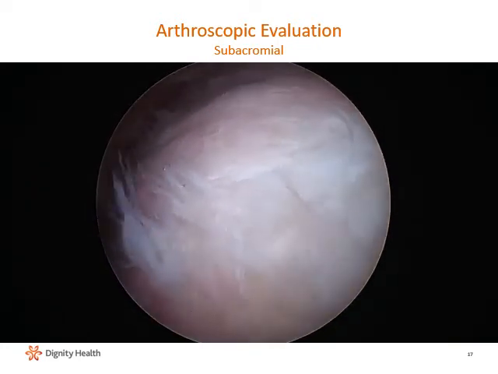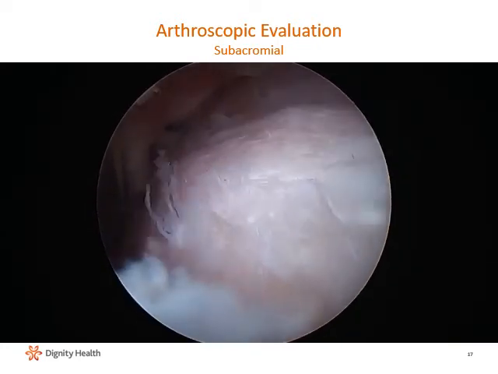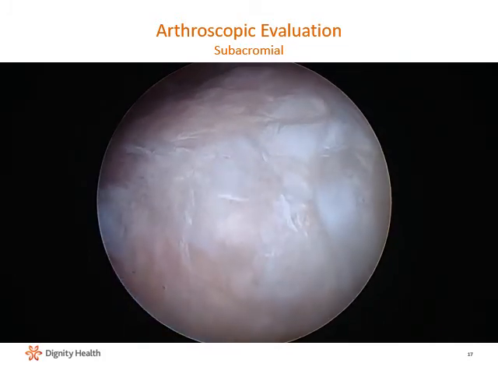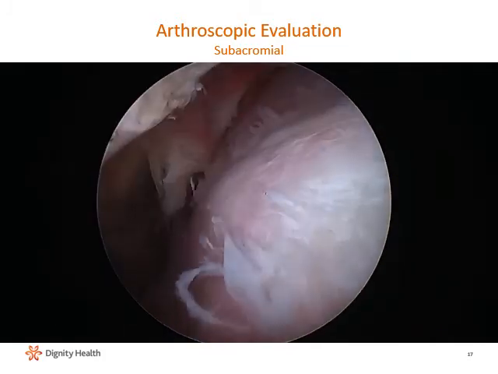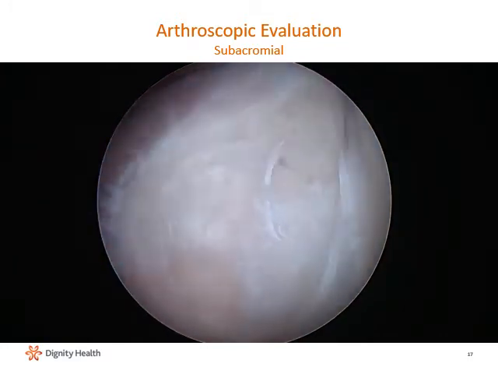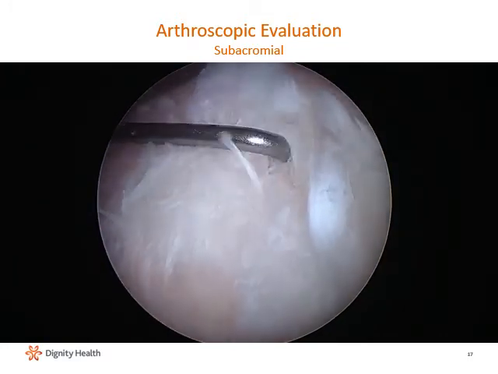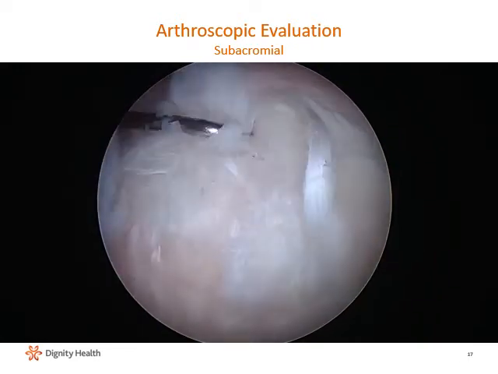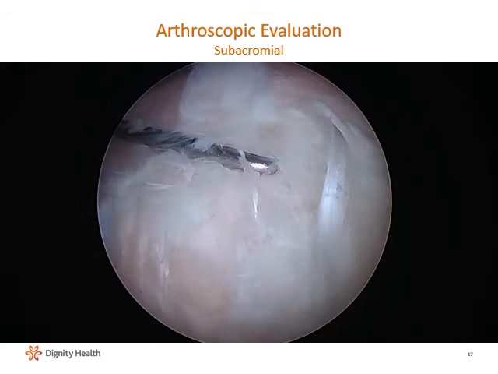So this is like that side view of the shoulder from the anatomy picture in the beginning. You're going to see the probe come in, and again, you can actually see this patient does have a small full thickness rotator cuff tear where the tendon is completely detached from the bone.